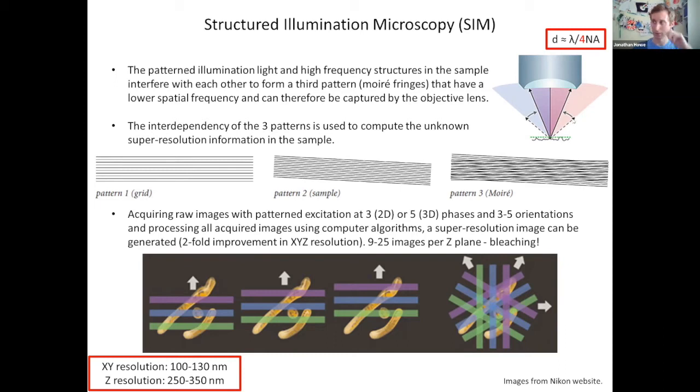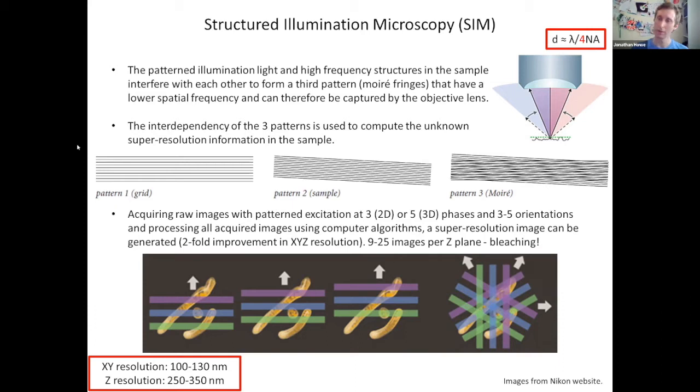What we really want to do is push that information inside the collection angle of the lens so that we can record it and it can contribute to our final image. As I said, to do this, there's a trick you can use, which is to illuminate the sample not with uniform light, but with patterned light. And this is explained in this middle section here.